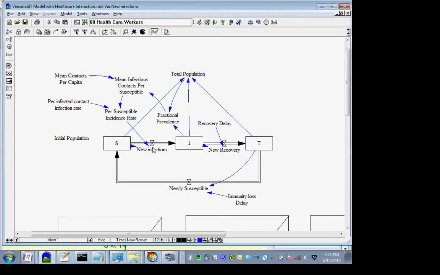What is the formula for this guy? Yeah, this is actually the force of infection. Whatever units those are, if you multiply them, it has to give the units for this. The units of new infections are persons per day, of the entire flow.